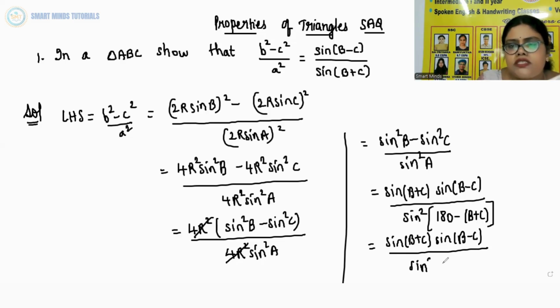So this is sin square (B plus C). Now one sin(B plus C) and one sin(B plus C) cancel. So you are left with sin(B minus C) by sin(B plus C). This is RHS. Hence proved.